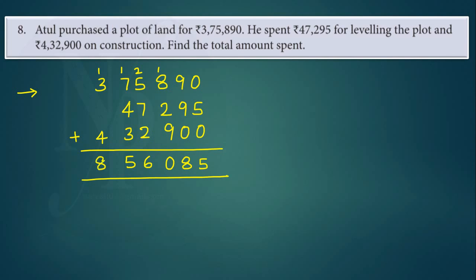The total amount spent by Atul is 8,56,085 rupees.